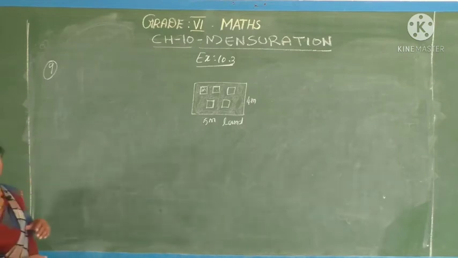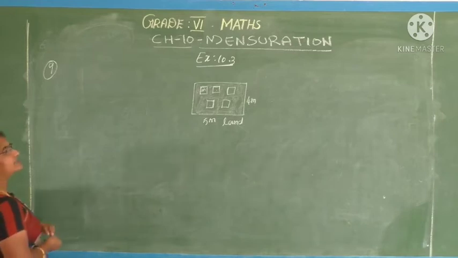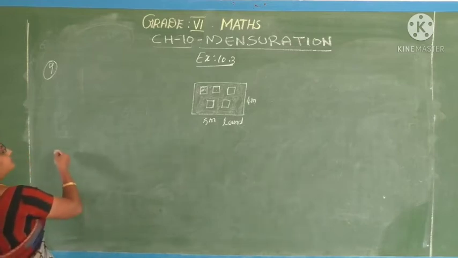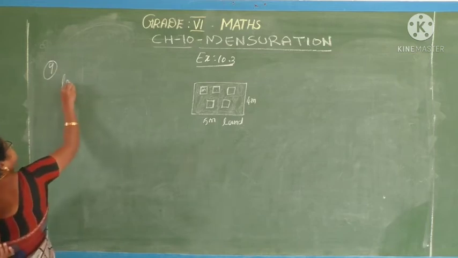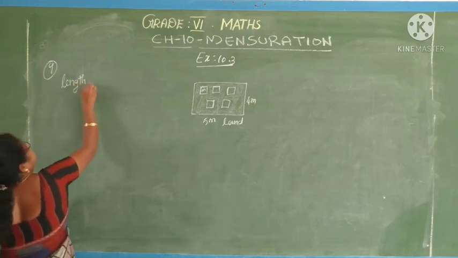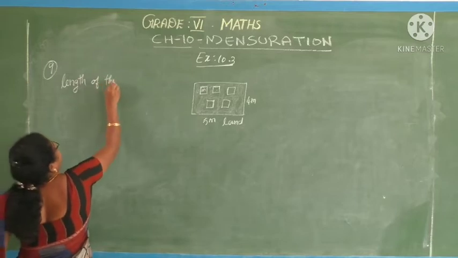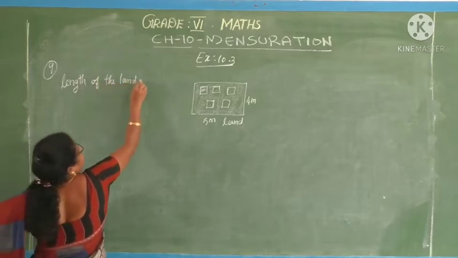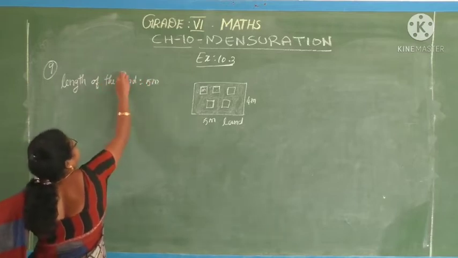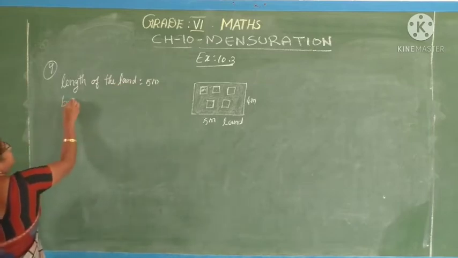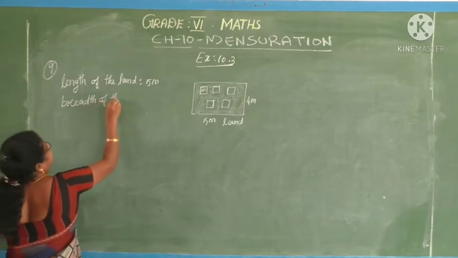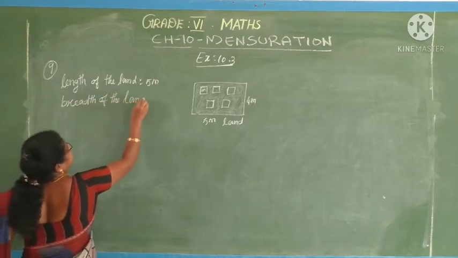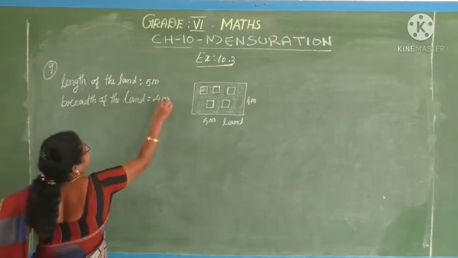Okay, we can write it. What are the values given for land? Land is rectangular in shape. So length of the land is equal to 5 meter. Breadth, wide, breadth of the land is equal to 4 meter.